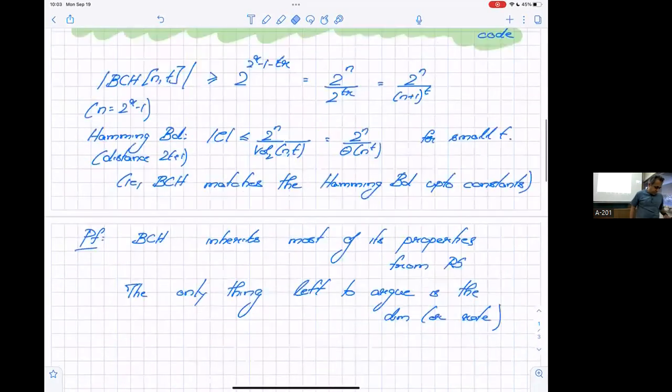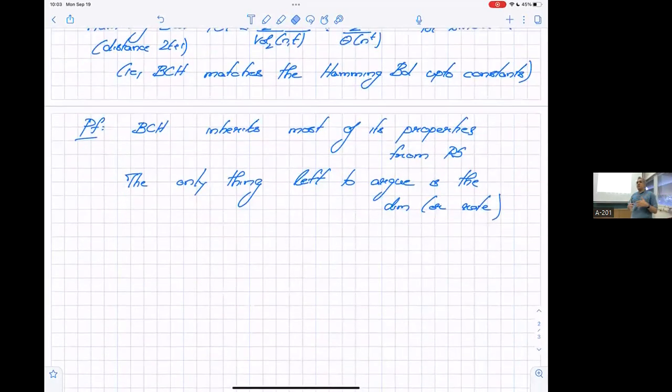Okay. So that's going to be our goal. We're going to find a set of constraints that determine the BCH code. For small t, for t less than log n, that is the rate, that is the distance, that's exactly what the code is. For other t, there will be dependencies.